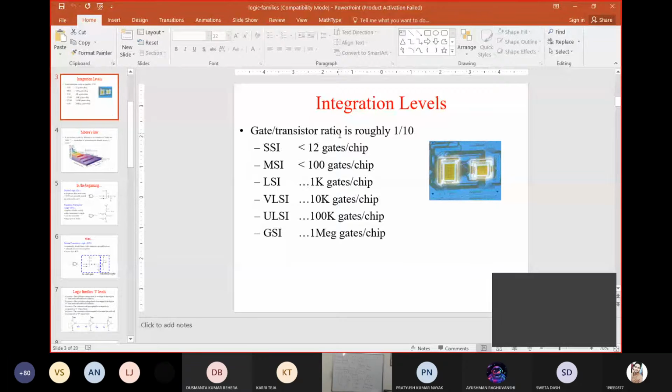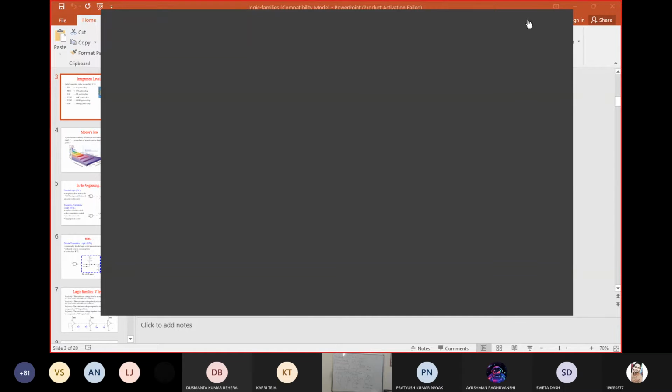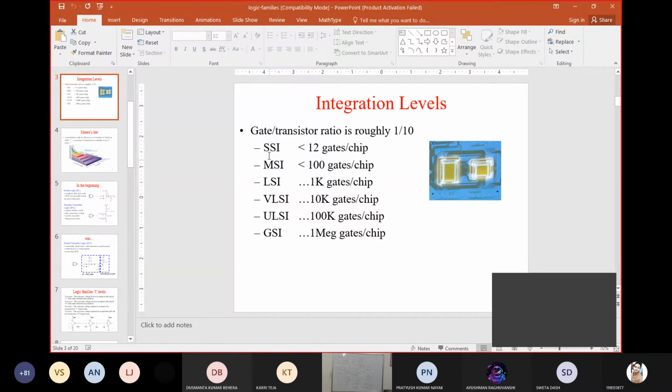See, if it is SSI, small scale integrated circuit, it has less than 12 gates per chip. Did you see the numerical? Less than 12 gates only. What do you mean by 12 gates per chip? How many logic functions can be worked out with 12 gates?